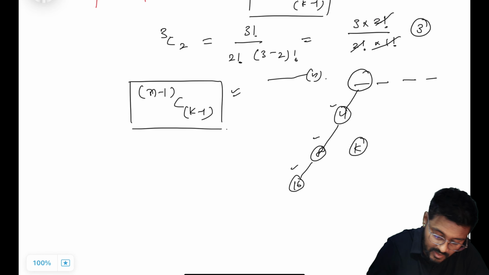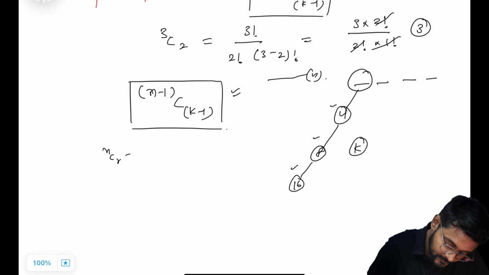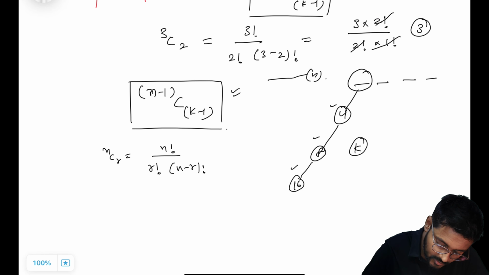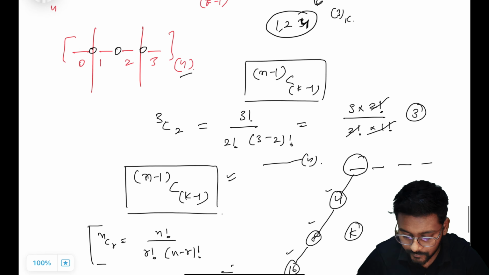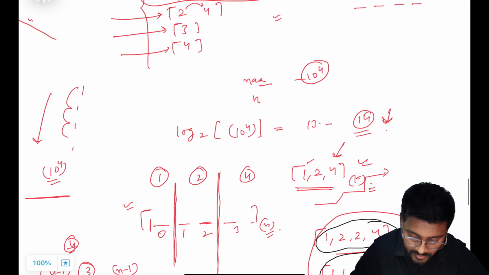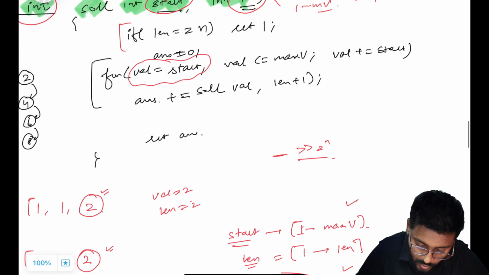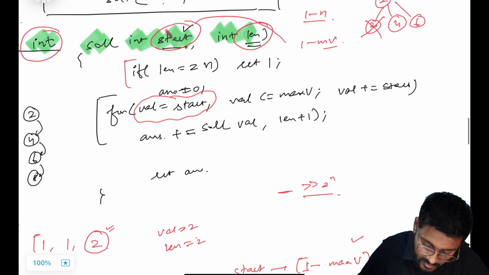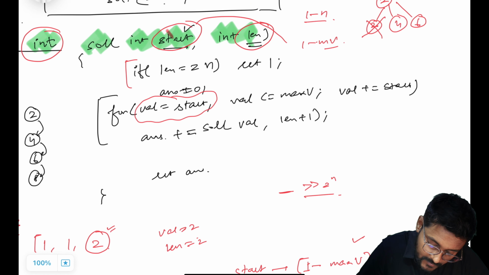And for nCr, you already know the formula: n factorial divided by r factorial into n minus r factorial. So this formula you need to know. And here is how I'm going to do it. See, if you just go and have a look at the recursion code, the value is starting with start.